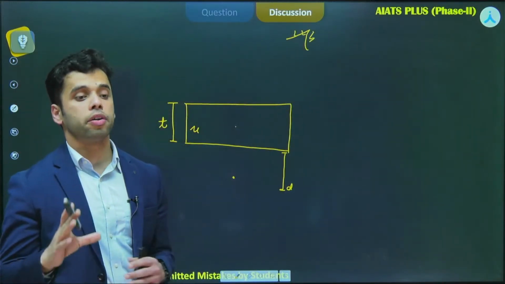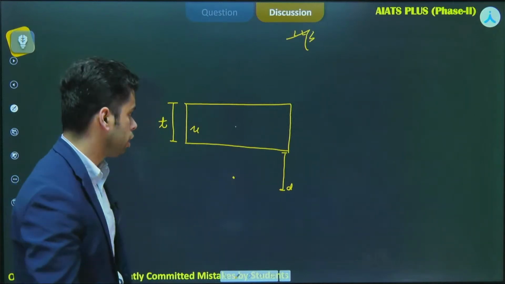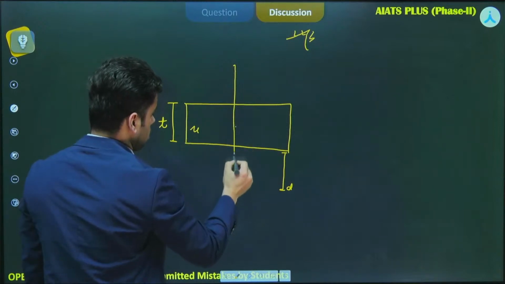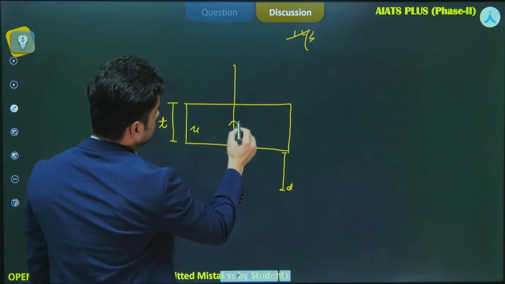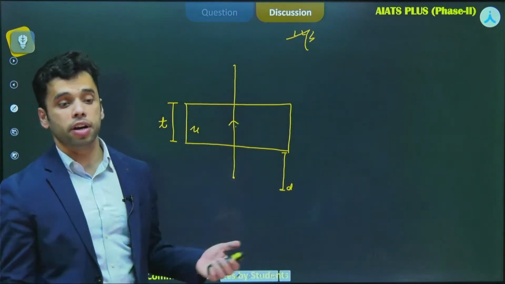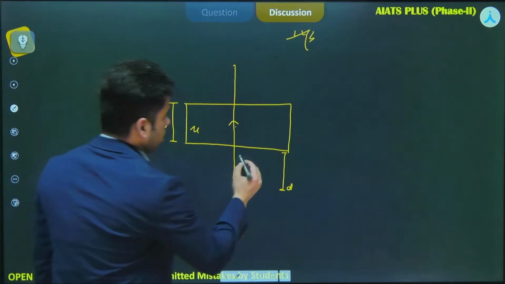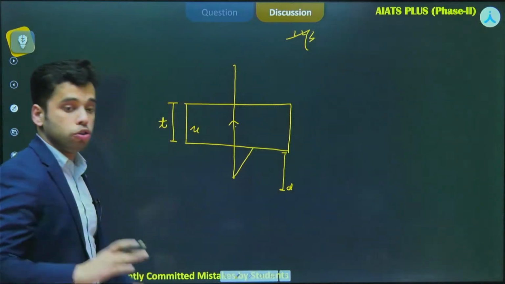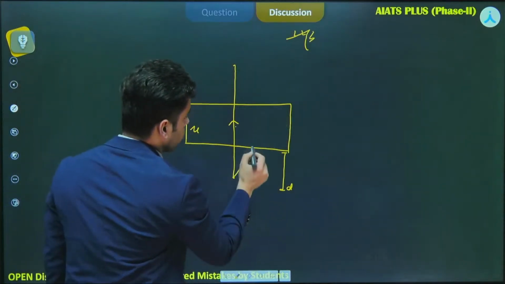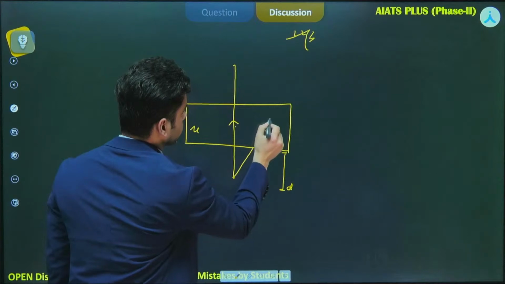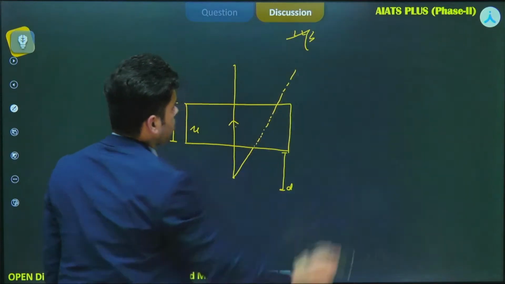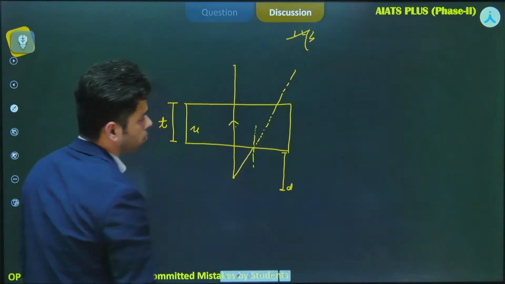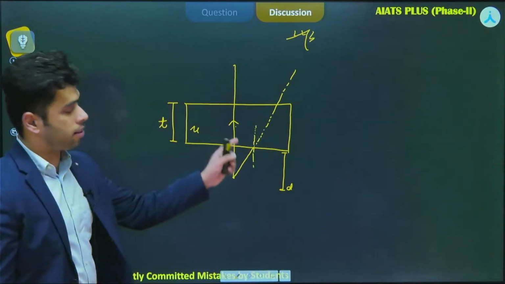So let us go through the ray diagram or the basics to understand the concept. I can draw one of the rays that will go perpendicular, so obviously it is not going to undergo any deviation. Let me try another ray. Had there been no change in the medium, this ray would want to go like this, but there is a change in medium, so the path of the ray will not be like this.